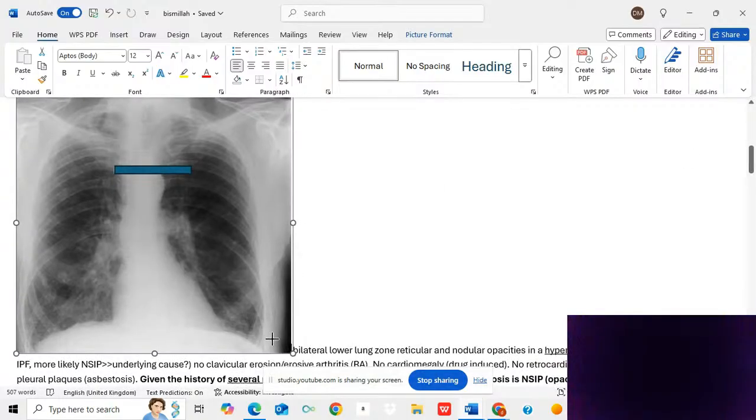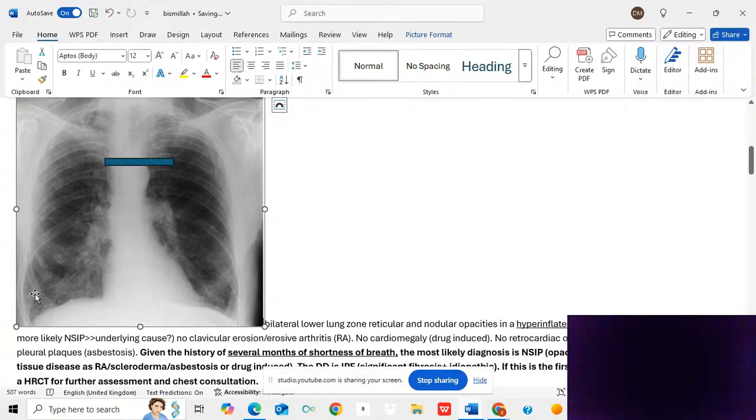Another patient with chest symptoms. Okay, this is the chest X-ray. As you can see here, there are reticular and nodular opacities, more in the basal parts of both lungs.